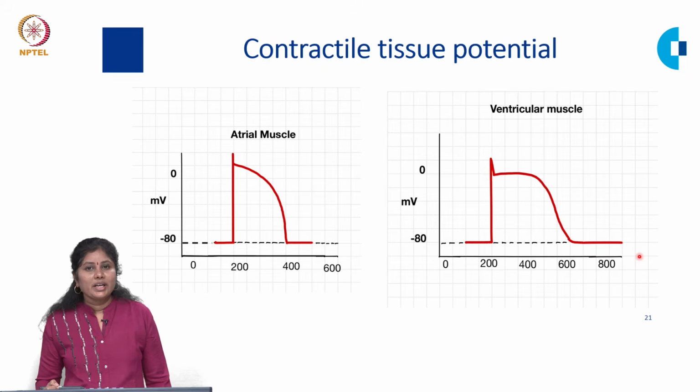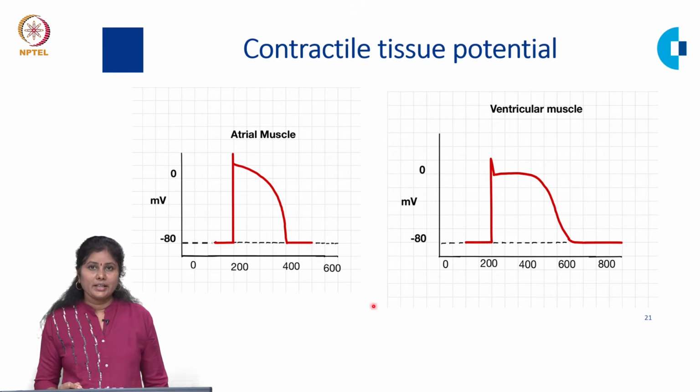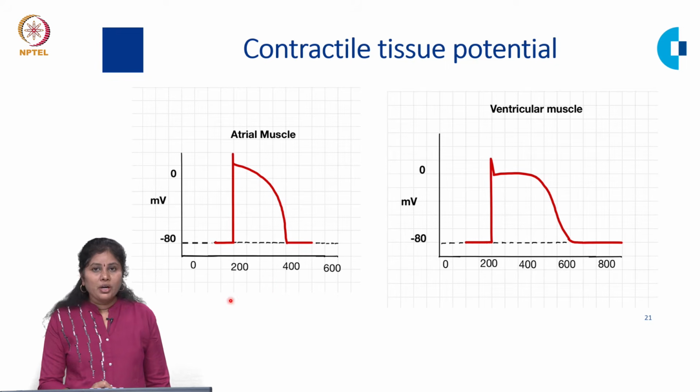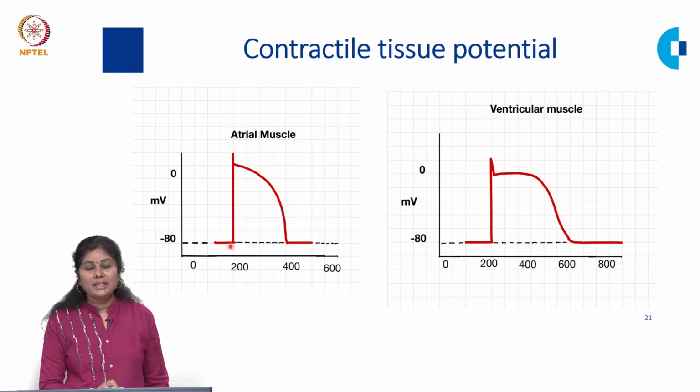Next, we will see about the contractile tissue potential, see the atrial muscle as well as the ventricular muscle. The one important feature that you should notice is, look at the resting membrane potential, it is a stable resting membrane potential ranging from minus 85 to minus 90 millivolts. Okay.